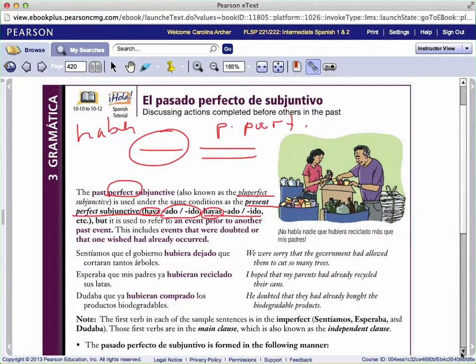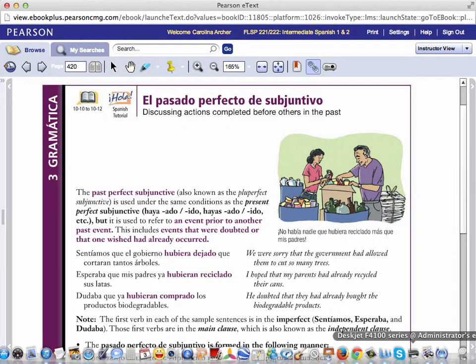Okay, so anytime we use the subjunctive in the present with doubt and recommend and hope and wish, we can use it also in the past. Okay, so let's take this example. Dudaba que ya hubieran comprado los productos biodegradables.